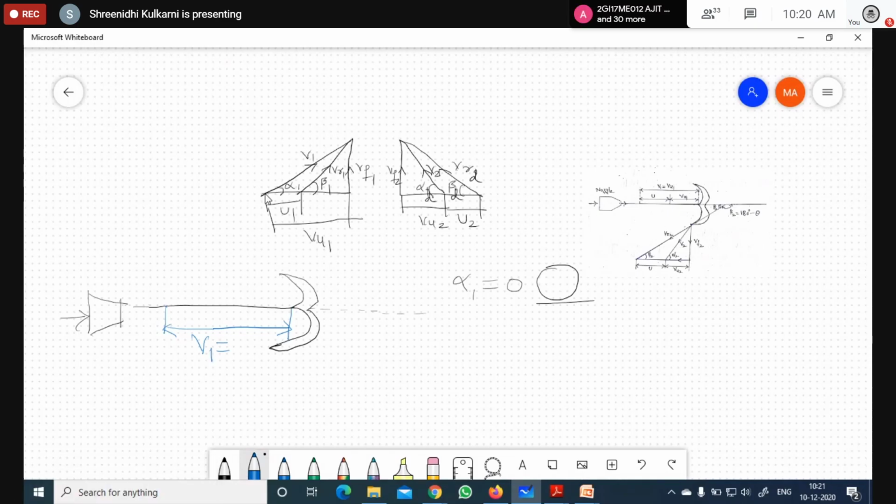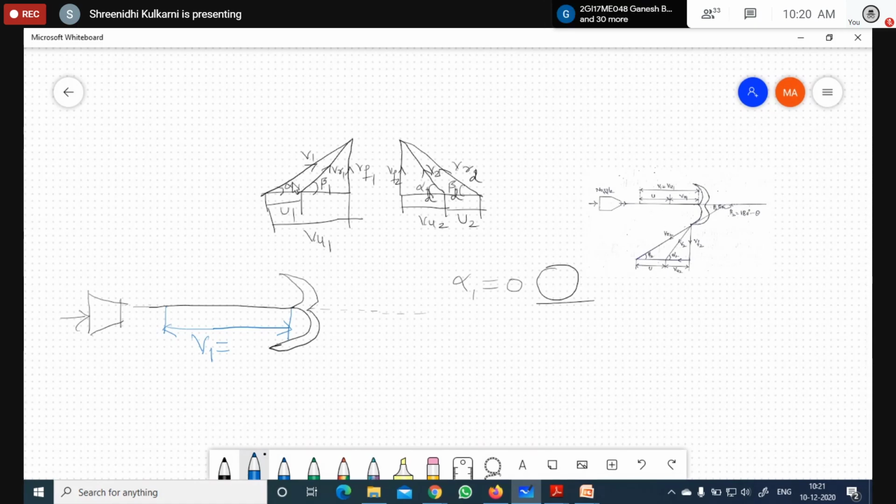You just see the general form of velocity triangle. If V1 is a straight line, V1 will become VU1. Right? So V1 is equal to VU1. Yes or no?